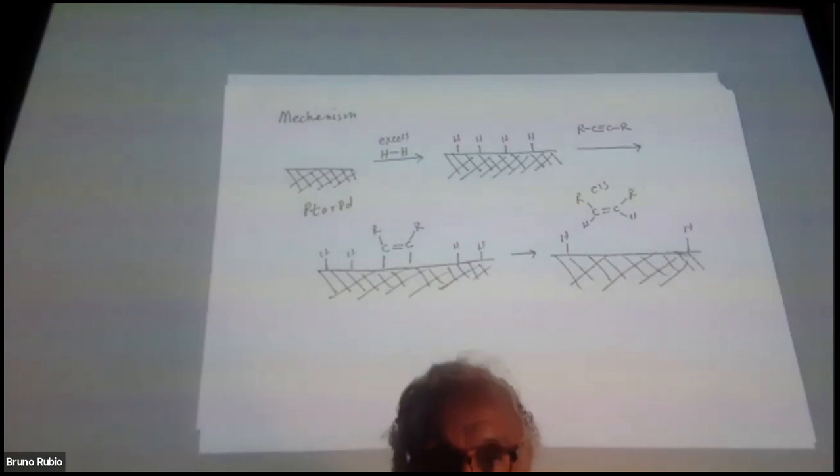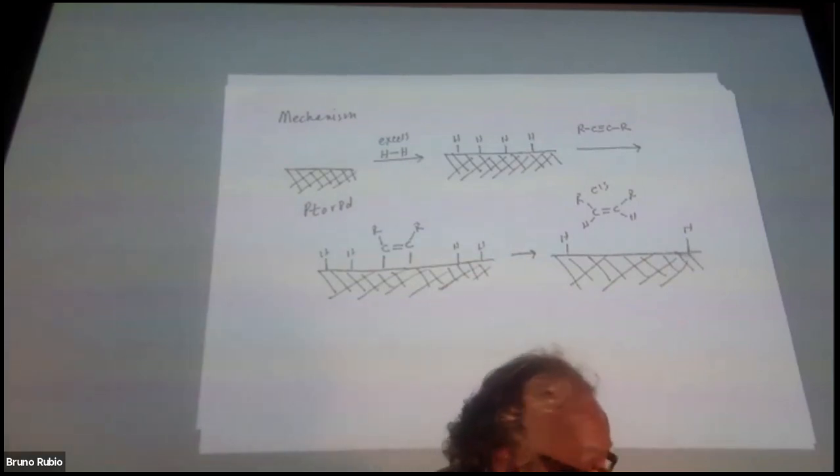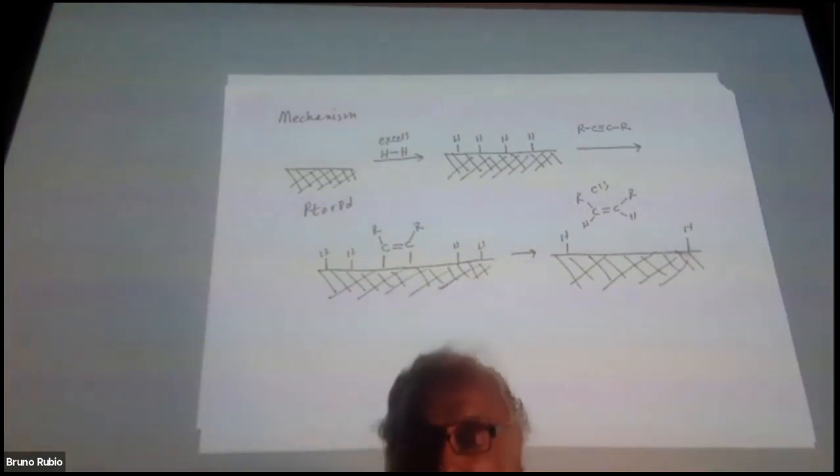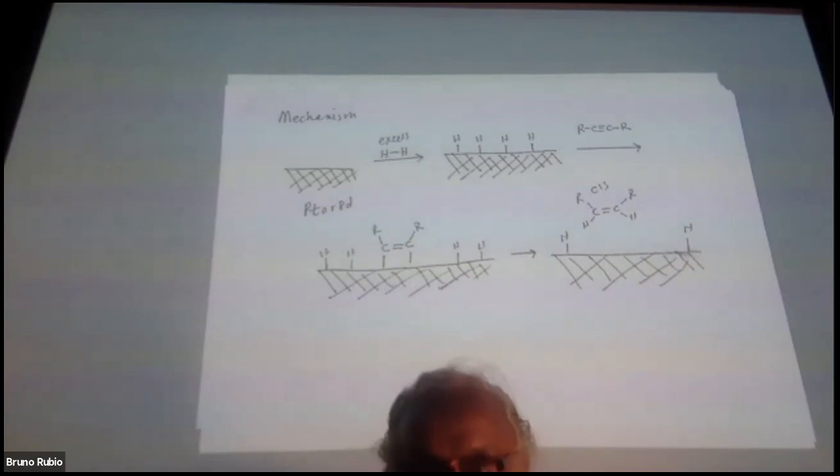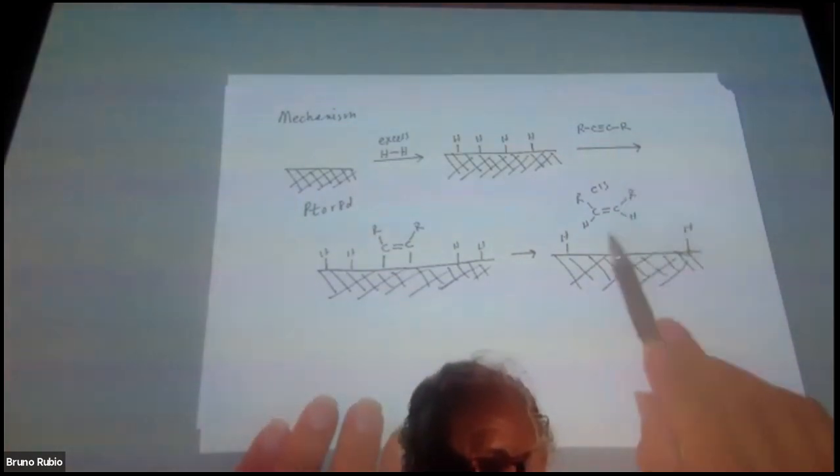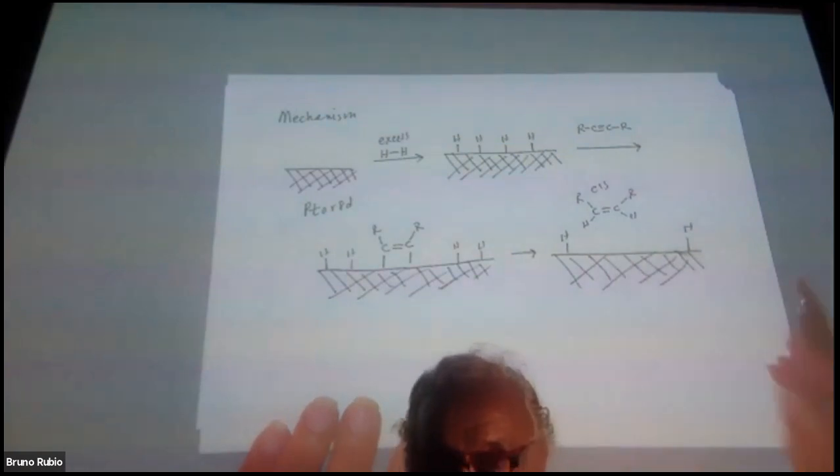It's cis because the carbon atoms picked up the hydrogen from the catalyst. The catalyst is down here, so both of these hydrogens were added in a cis manner. Okay, so the triple bond has been taken down to a double bond.